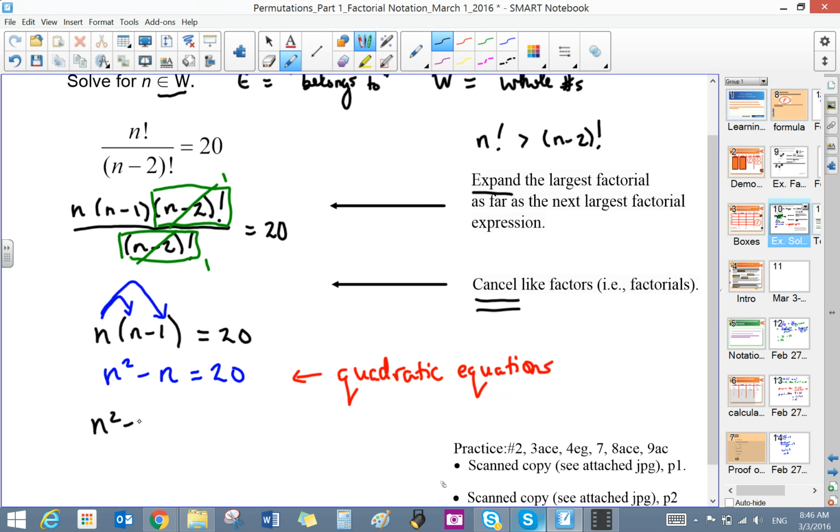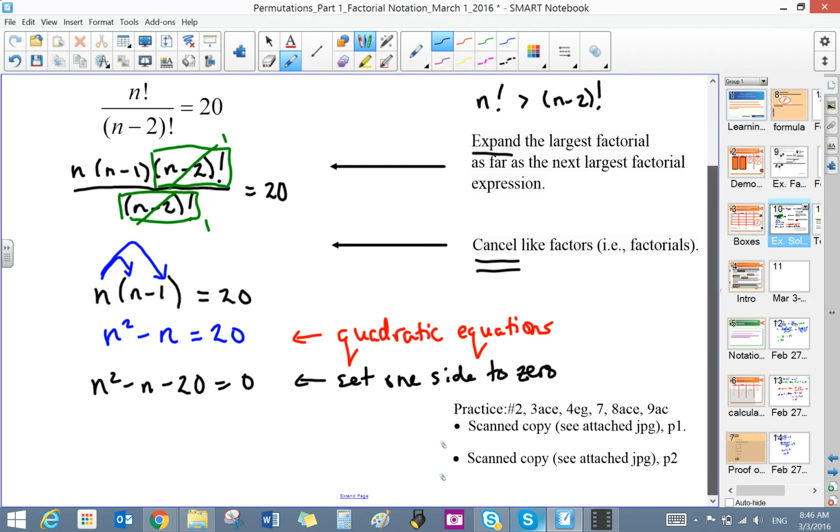So if we subtract 20 from both sides of the equation, we'll end up with a 0 on the right-hand side. So in this step, we do need to set one side to 0.